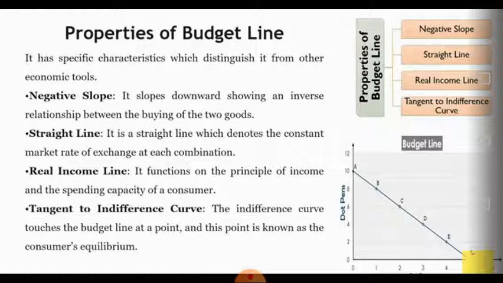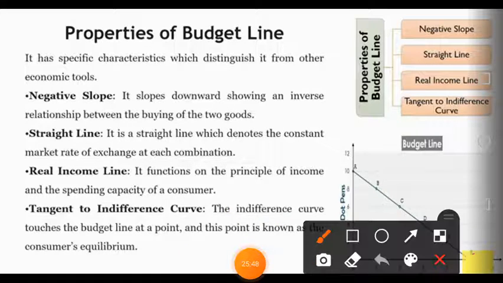So it has specific characteristics which distinguish it from other economic tools, like negative slope. It slopes downward, showing an inverse relation between the buying of the two goods. Straight line, it is a straight line which denotes the constant market rate of exchange at each combination. Real income line, it functions on the principle of income and the spending capacity of a consumer.